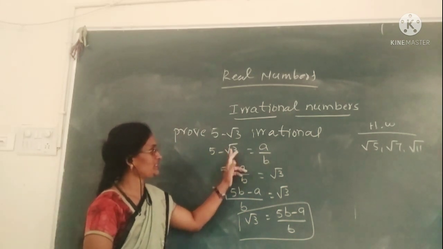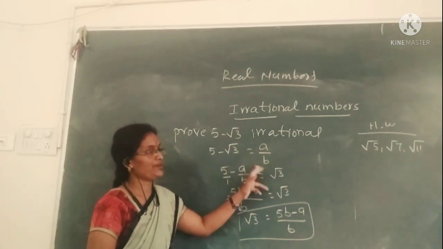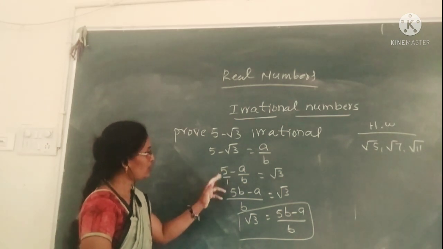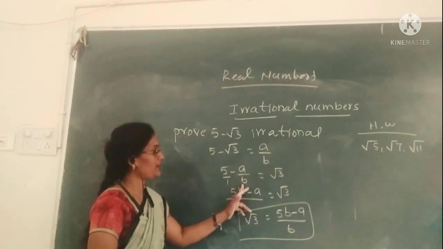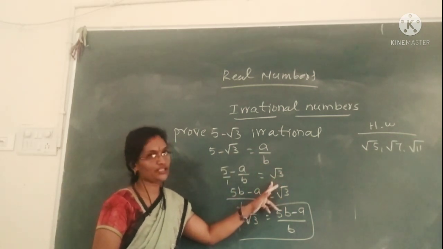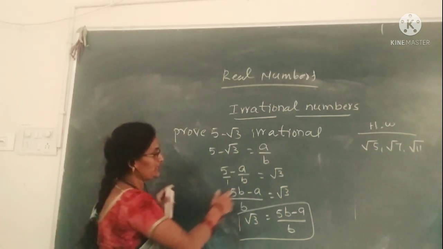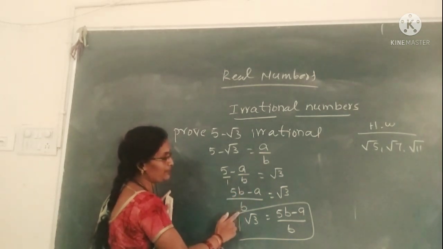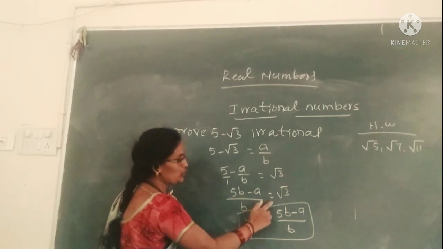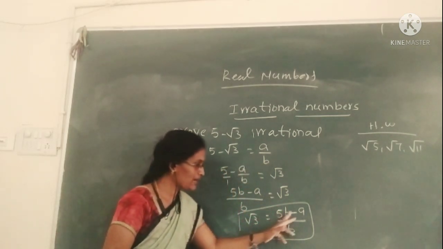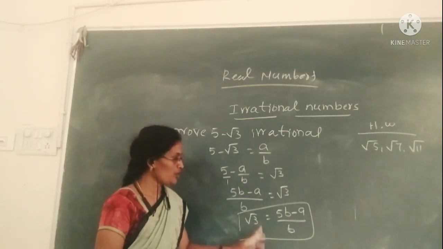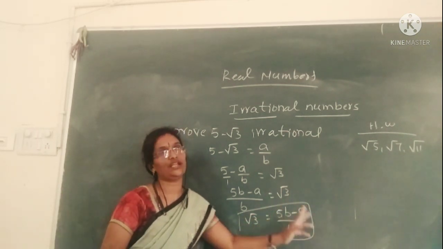Let us recap. 5 minus root 3 is equal to a by b, a rational number. Transferring from the LHS to the RHS, 5 minus a by b is equal to minus root 3, so plus root 3. Then taking the LCM, (5b minus a) by b is equal to root 3, where a, b are integers.